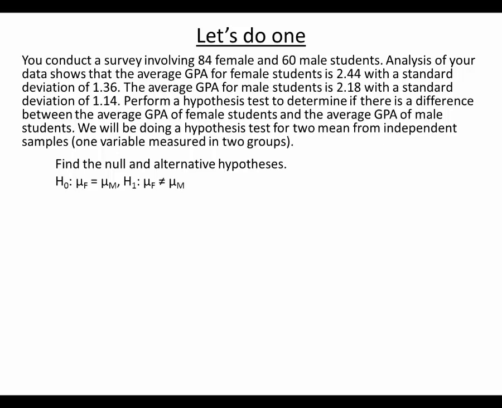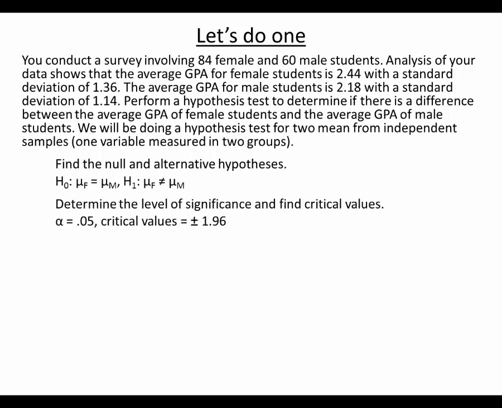So always the two-tailed test. And to make this easy, since these are large n's, the t represents very closely the z, so we'll use 1.96 plus or minus as our critical values.